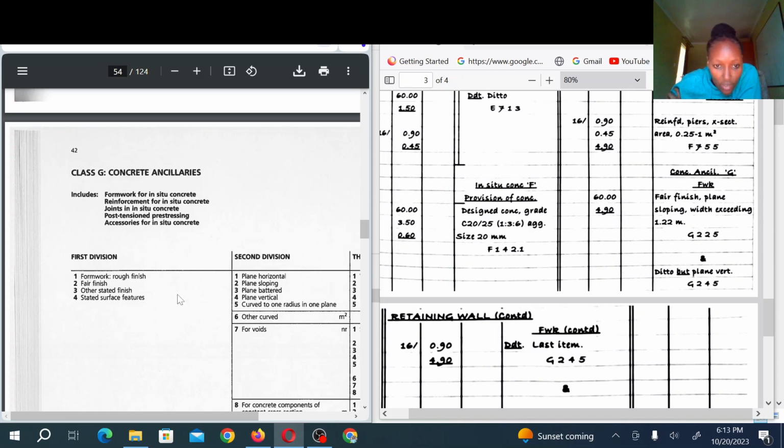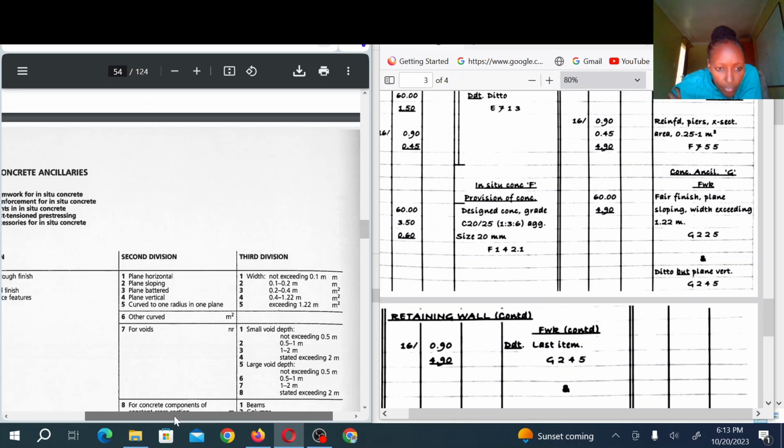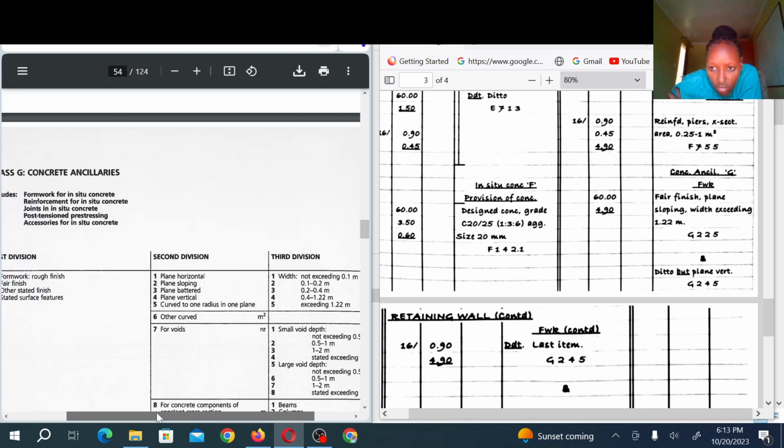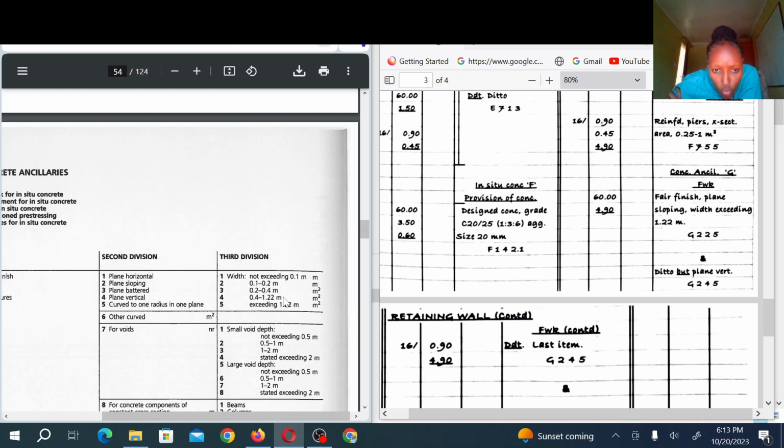For the plain vertical side, we are told it is measured in area if the width is between 0.4 to 1.22 meters, in meters squared. If it is 0.2 to 0.4 meters, measured in meters squared. If it is 0.1 to 0.2 meters, measured in linear meters.